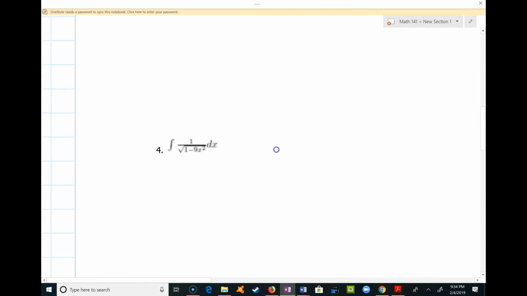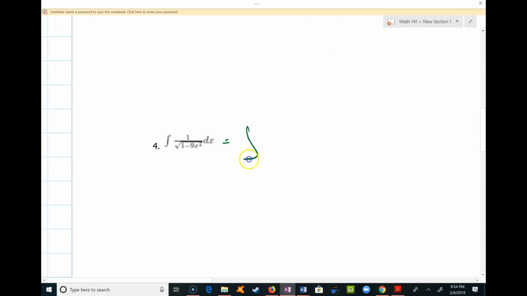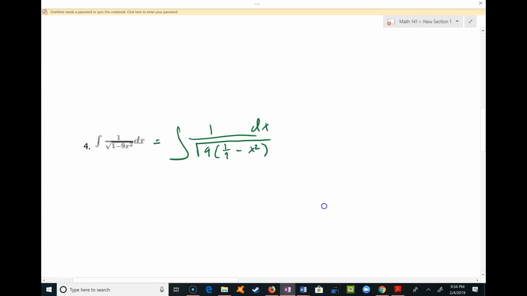So what we're going to do here is change this to the integral of 1 dx, and we're going to divide out a 9. So if we divide everything by 9, we're going to have the square root of 9 times 1/9 minus x squared, so we can see what the a is.